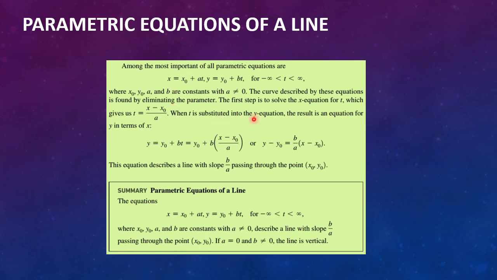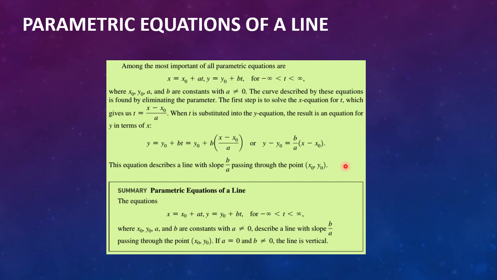When t is substituted into the y equation, y equals y sub 0 plus bt equals y sub 0 plus b times the t factor defined in terms of x. Notice what happens here: we get y minus y sub 0 equals b over a times x minus x sub 0. This equation describes a line with slope b over a passing through the point x sub 0, y sub 0.